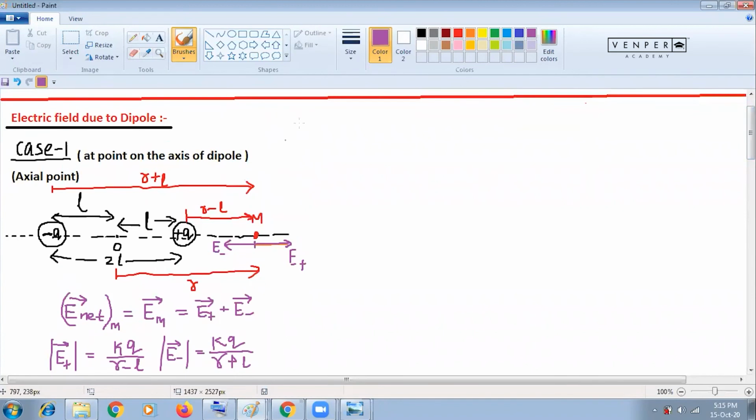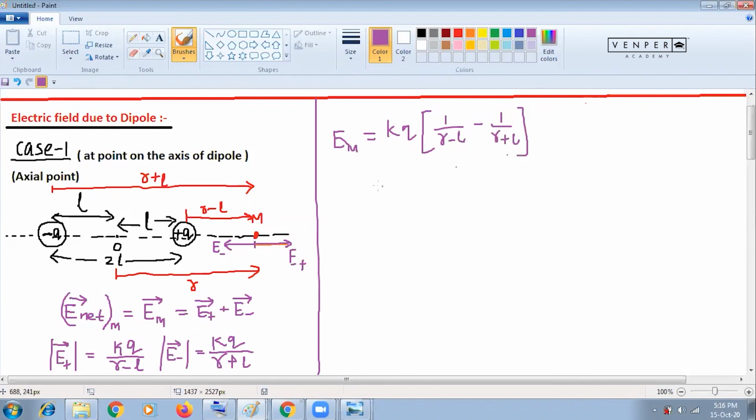So now come here. Now here you will see this EM, then how much is it coming? Now here you just calculate. If you take KQ common, it will become 1 by R minus L minus 1 by R plus L. Now take the LCM.